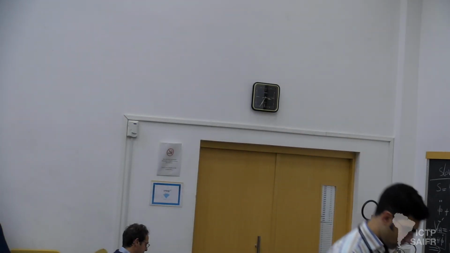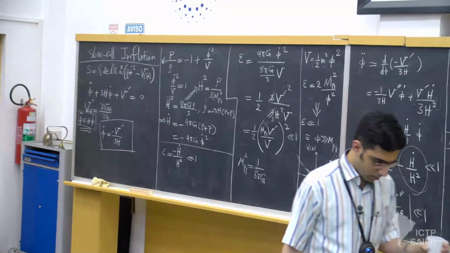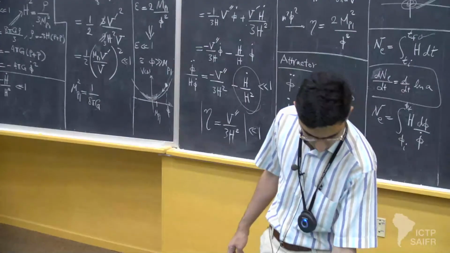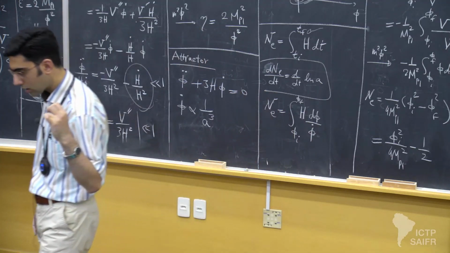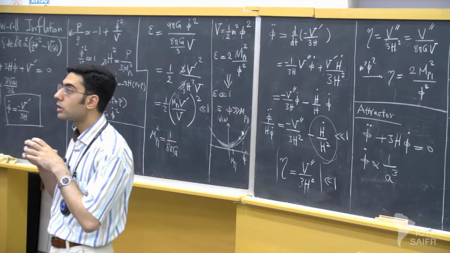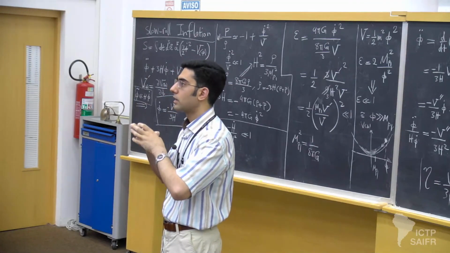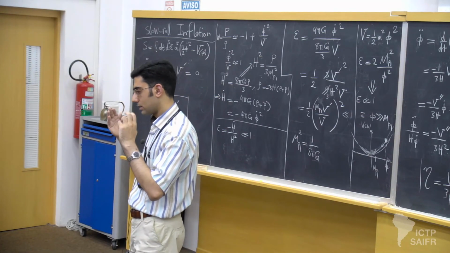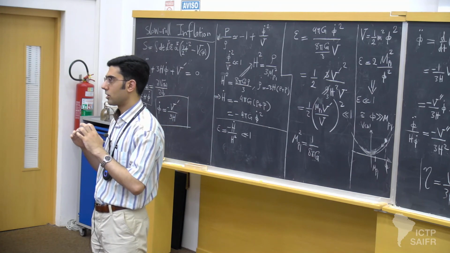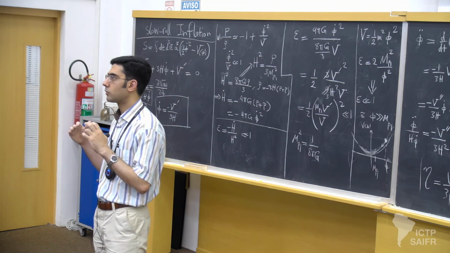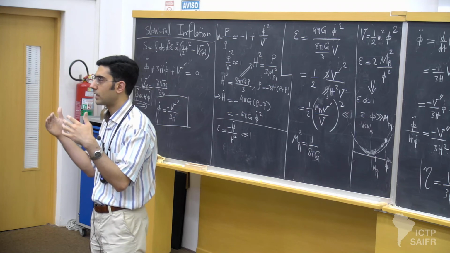Well, this is something that we are going to discuss more. But what happens is that during inflation, it's exactly the opposite situation compared to the one that we are dealing with in late cosmology.